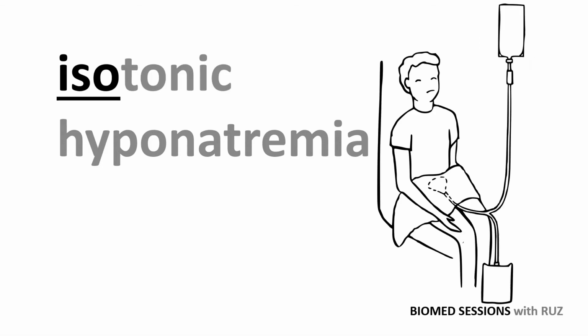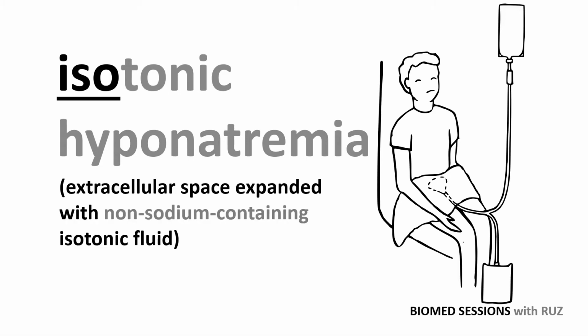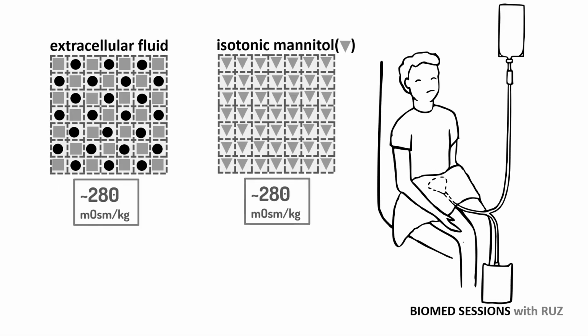An isotonic hyponatremia can actually occur when the extracellular space is expanded with an isotonic fluid, which does not contain sodium. For example, during surgical procedures where isotonic mannitol is used as bladder irrigation in such large volumes that it is absorbed into the body. In this case, mannitol will take up some extracellular space. Therefore, the concentration of sodium will be lower.